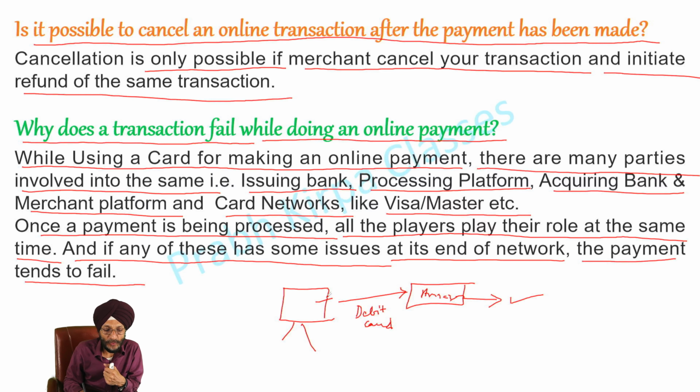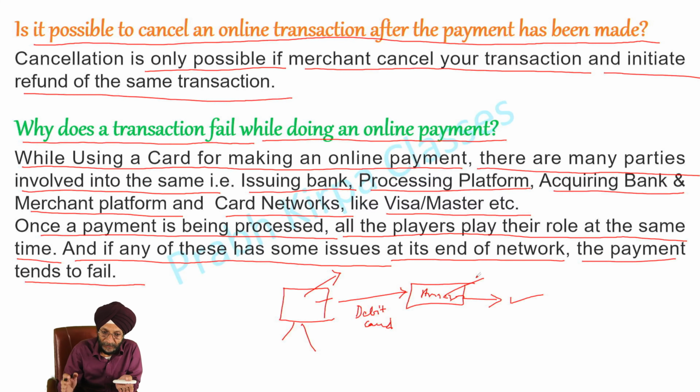But it is quite possible that our internet connection may fail. It is also quite possible that the debit card network, like Visa or Master, may have its network facility dropped. It is quite possible that our bank, from where we have obtained the debit card or credit card, or we are availing the internet facility, may have slow internet, or the Amazon site may be slow.